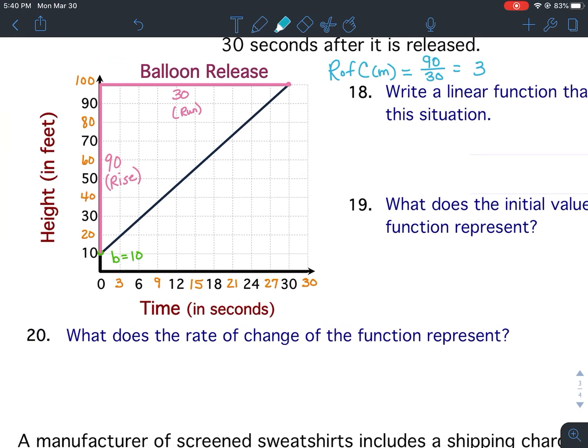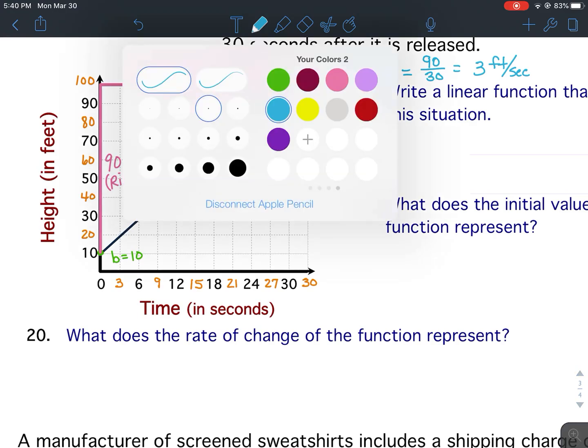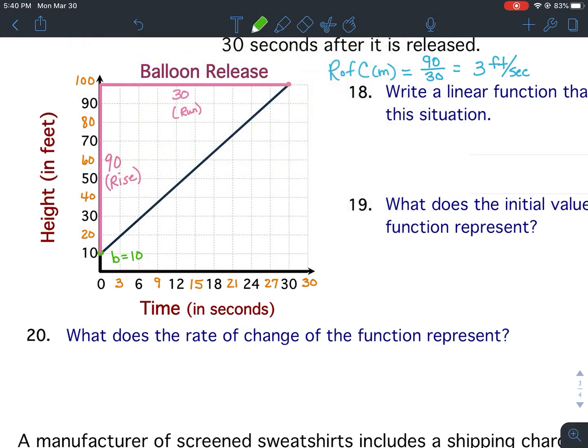So if you look over here, it's feet and seconds. So our rate of change would be 3 feet per second. The balloon is rising at a rate of 3 feet per second. Our initial value, our starting point, is right down here. That would be 10. It starts at 10 feet.